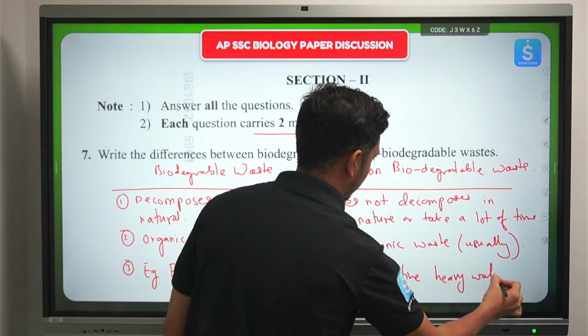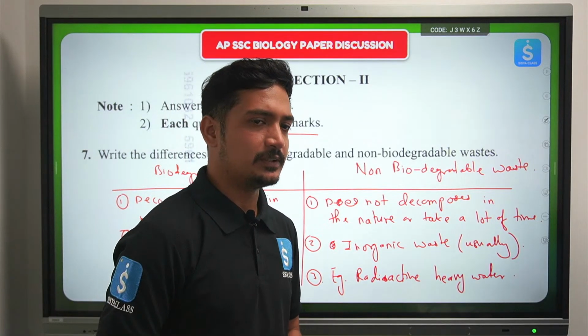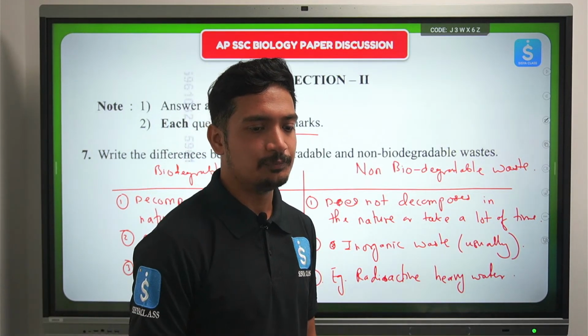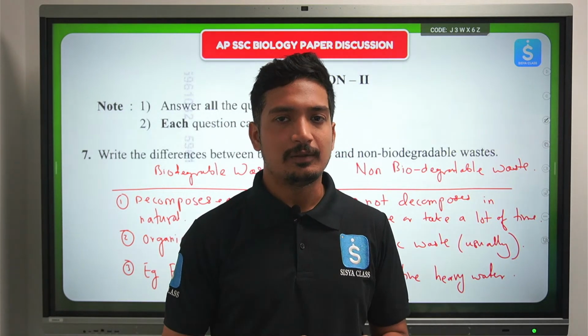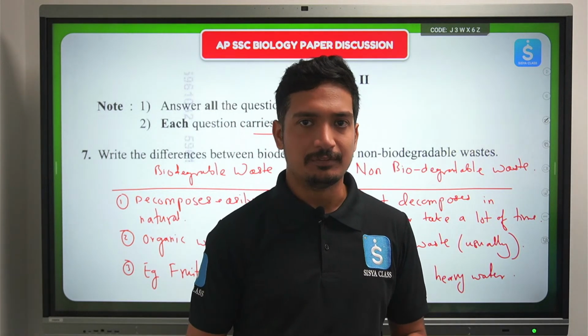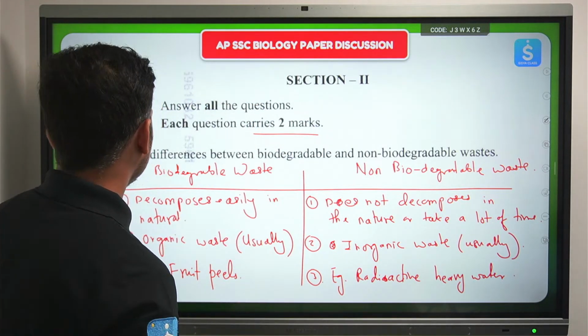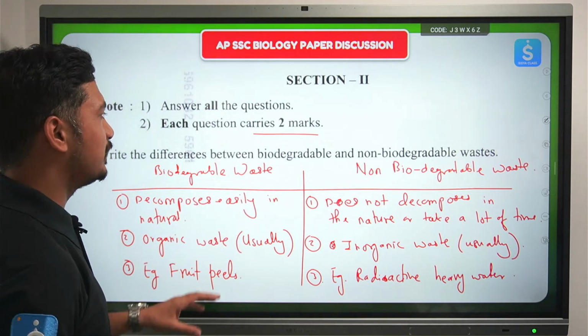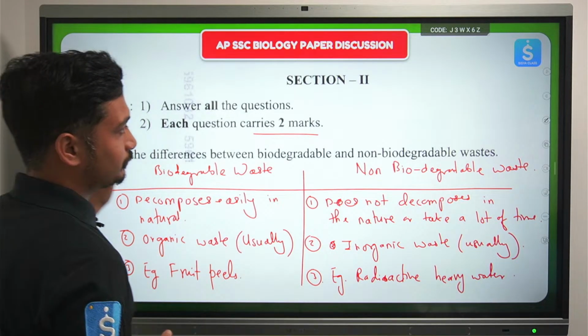Radioactive heavy water can be considered a non-biodegradable waste, right? Apart from that, there are other wastes also, like waste created by biomedical activities like surgery, right? So that is also non-biodegradable waste. I believe this is clear to all of you. If you've written this much, then you will get 2 marks very easily. Moving ahead to the next point.